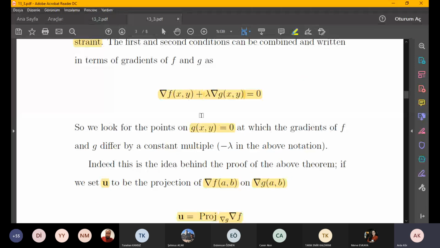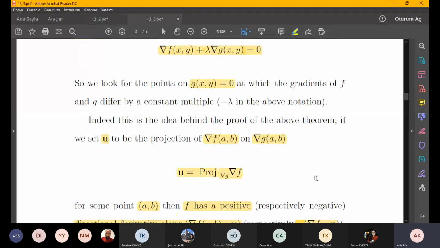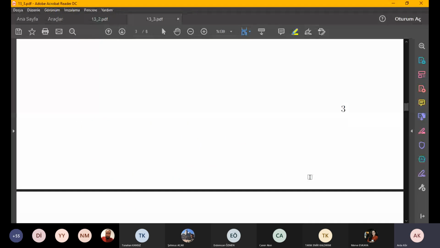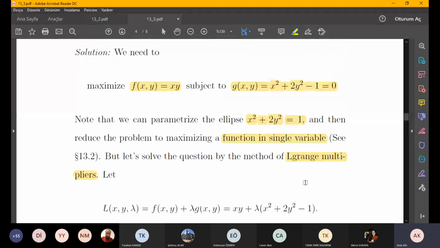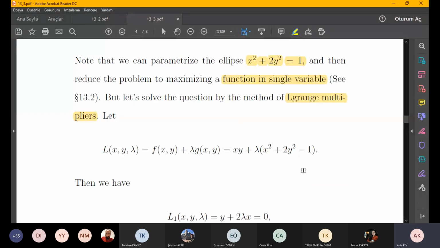Also let me say that there can be more than one constraint. That lambda, which is the constant multiple here, will be called the Lagrange multiplier.